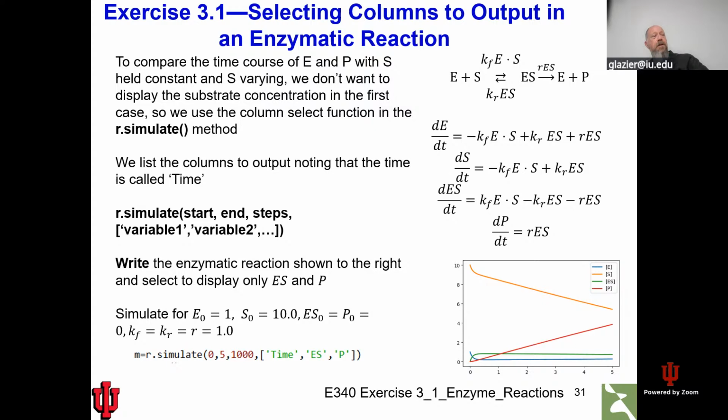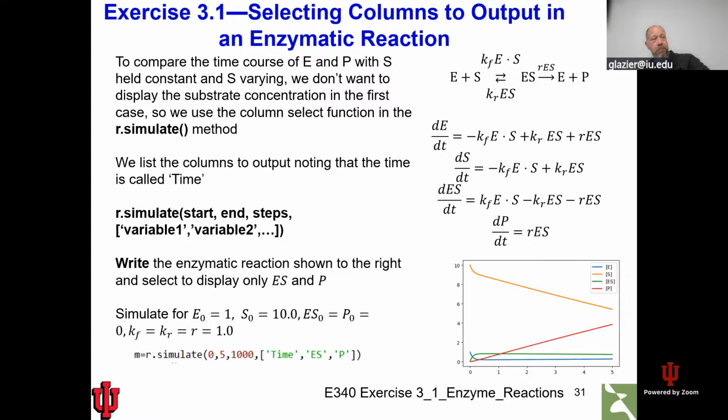And the other thing that you could do, which could be interesting for you, would be to change the parameters. Changing the amount of enzyme doesn't do anything very interesting to this. But if you change the value of R with respect to Kf and Kr, so if you make R much smaller, much bigger than Kf equals Kr, that will give you different behaviors.